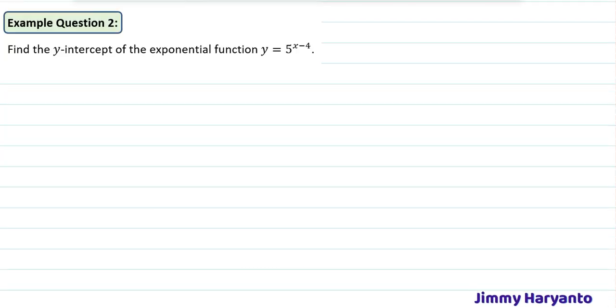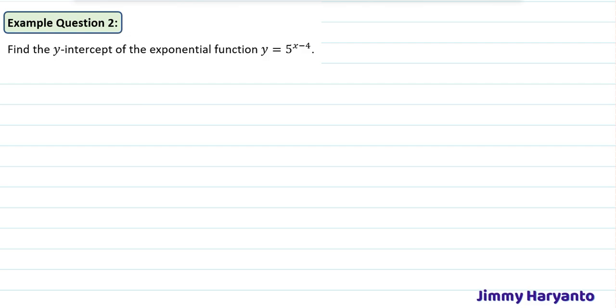And then how about this one? This one is not 5 to the power of x. We have negative 4. As I told you before, when you have something other than the original exponential function, that means it's already transformed. But because the question only wants you to find the y-intercept, you don't have to worry because this is very easy.